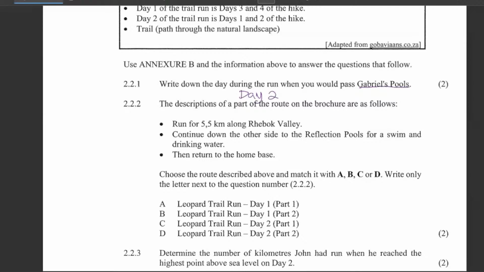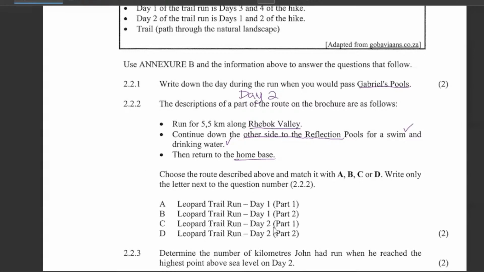The description of a part of the run on the brochure is as follows. Run 5.5 kilometers along the Rubik Valley, then continue down the other side to the reflection pools for swimming and drinking water, then return to the home base.